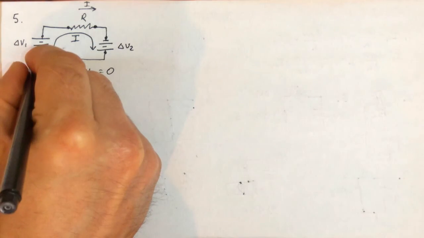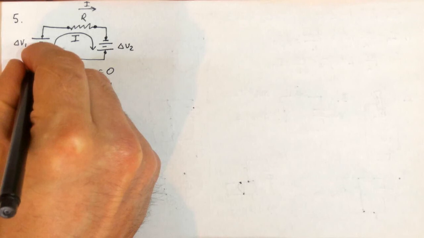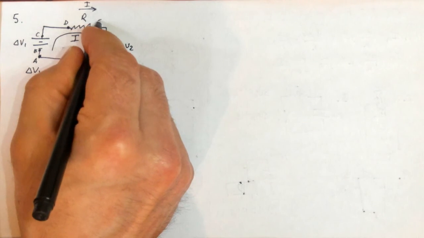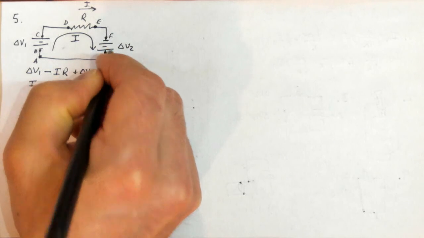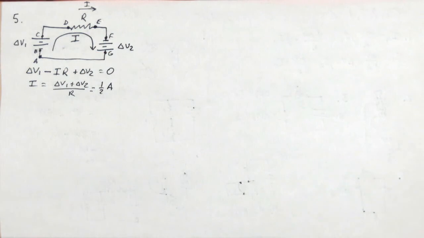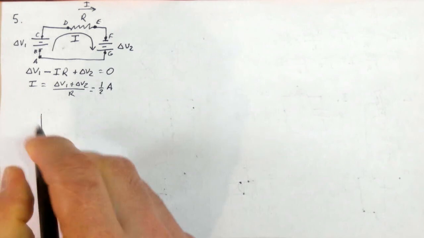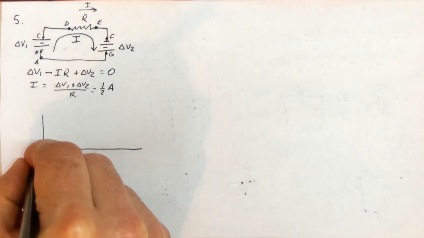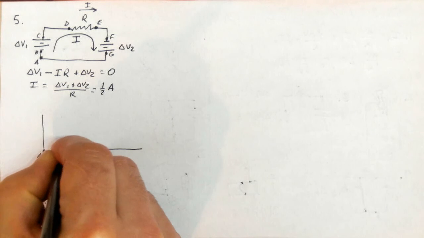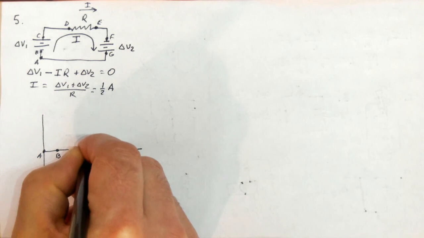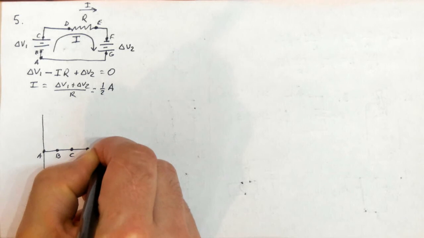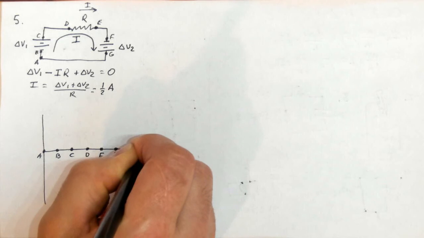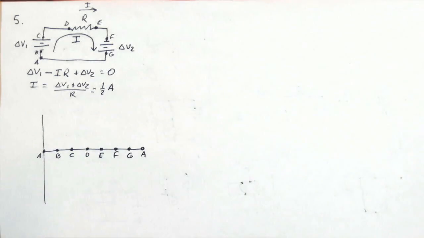In this lower corner, I'm going to call it A, then B, then C, then D, E, F, and G. I want to plot the potential as a function of those locations. So this is A, B, C, D, E, F, G, and A again.